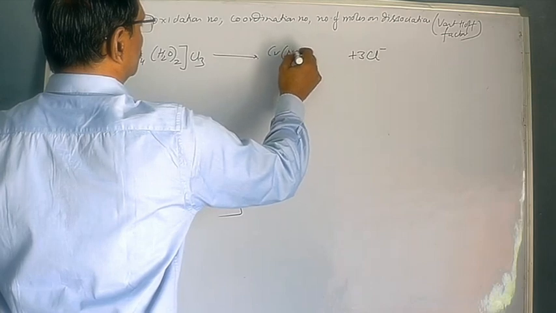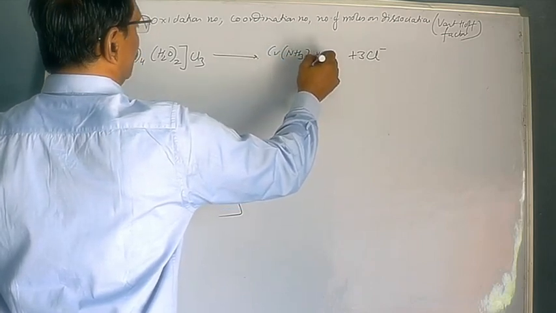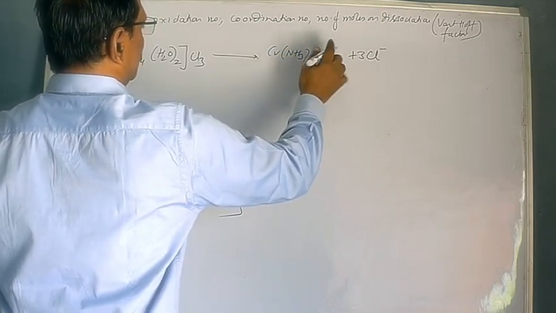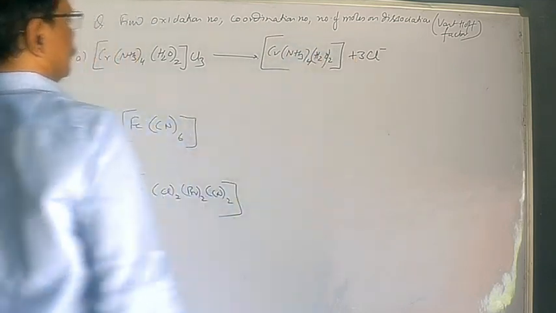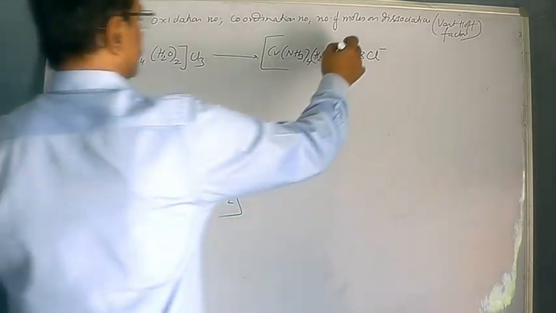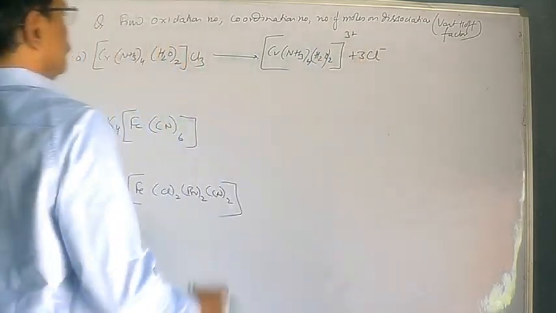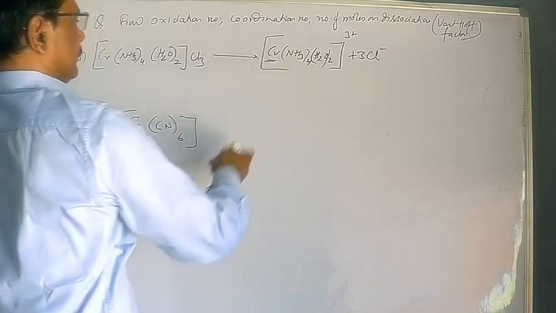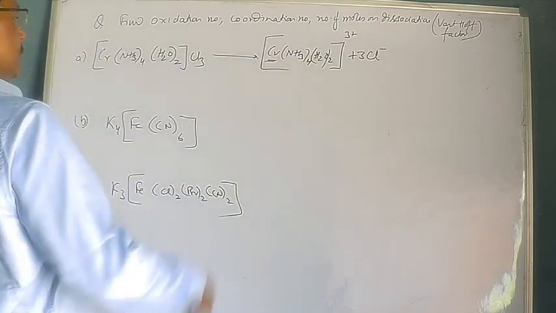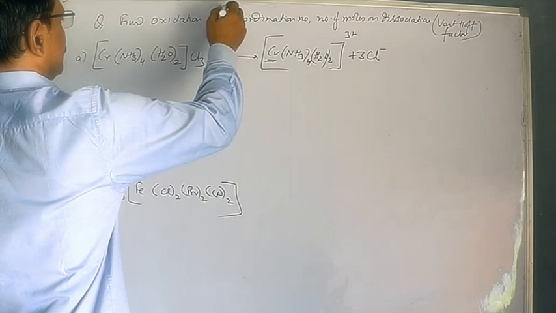Class, you know that coordination sphere is highly stable. It never breaks. So this is the situation now, and it has 3 positive charge. So if I want to find out oxidation number, I'll have to find the oxidation number of chromium because it is the oxidation number of CMA, central metal atom.